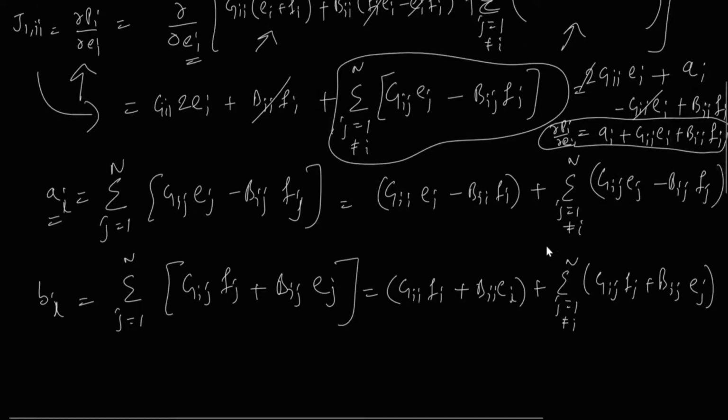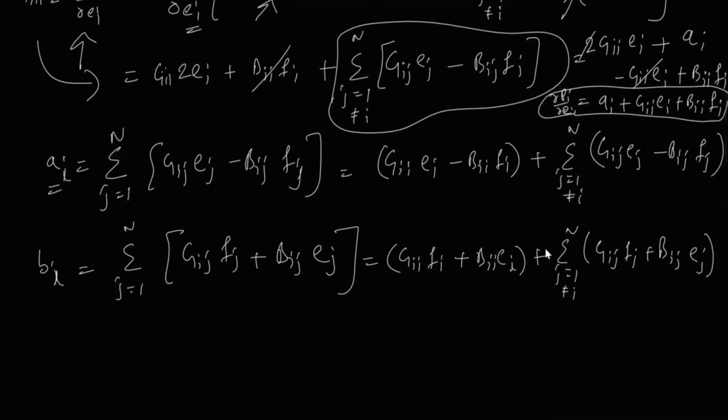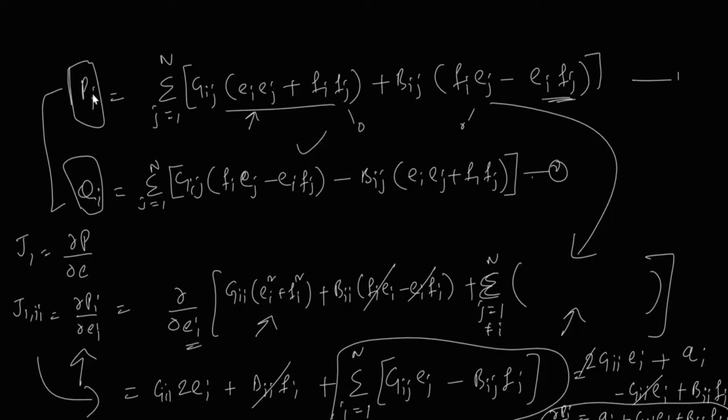Okay. Now similarly, if I take the off-diagonal elements, dou Pi by dou Ej, that is J1 i comma j. I am taking Pi with respect to Ej. For one particular j, Ej will coincide with this partial derivative of Ej, so the summation terms will not be there in the derivative. Only one term will be there.